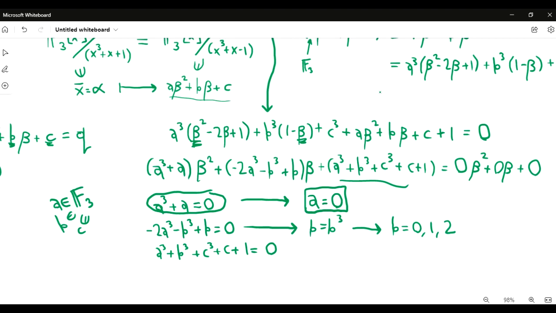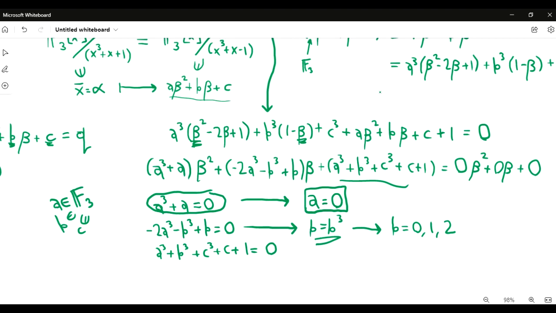Try plugging all of these numbers into this expression and reduce them modulo 3, and you'll find that all of those numbers work. I won't give you the full details, but depending on which value of B you choose, when you substitute into this last equation, you'll get different solutions for C.